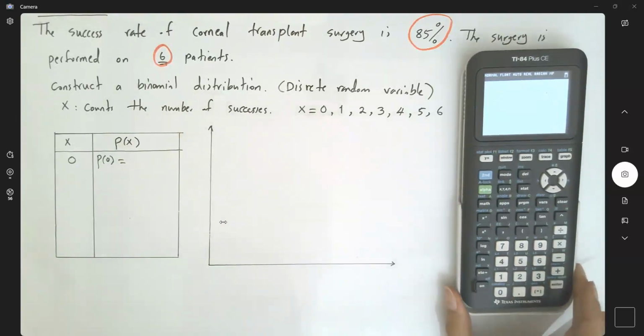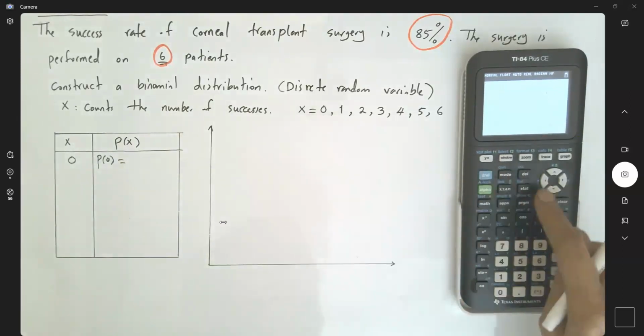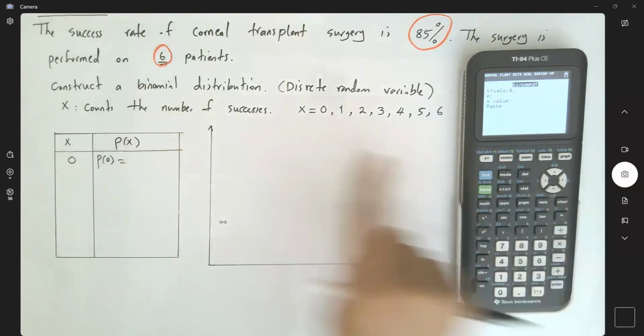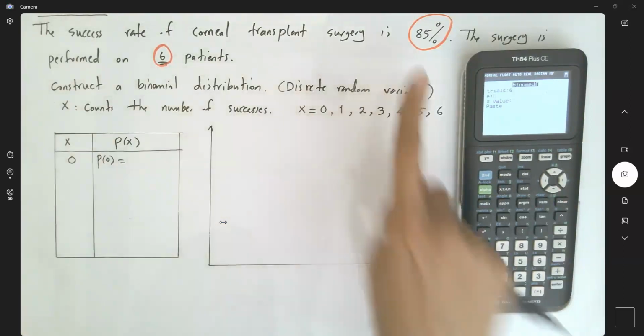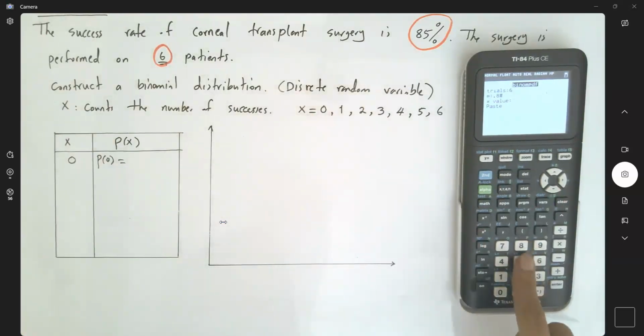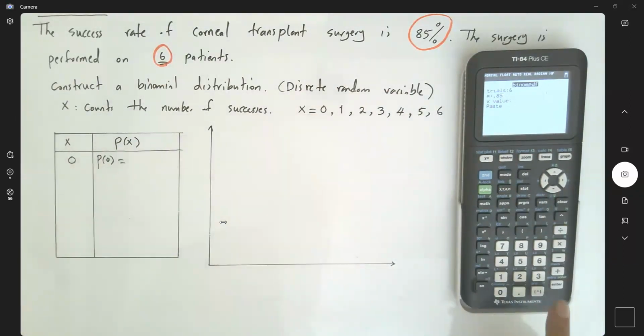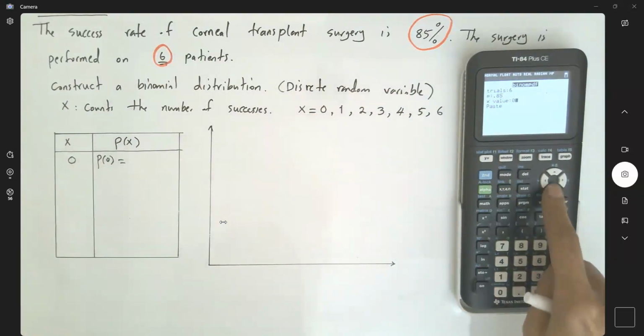First, go to second, then vars, and find binomial PDF. What's the number of tries? We have 6 tries. What's the probability of success? 85%, so 0.85. What is X? The very first X value is 0. So you're going to enter 0.